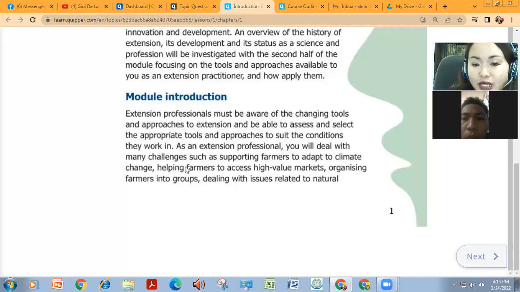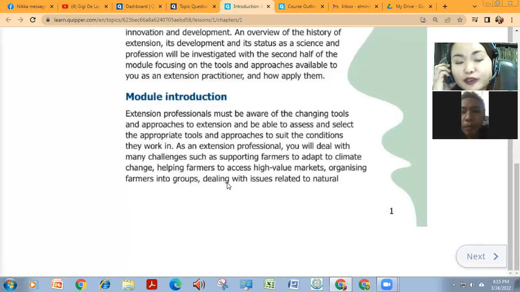Pero kung when you go to the real environment, to the field, sa farmers, helping them to access, for example, high value markets, i-organizing mo siya into groups, like ginabuhat ni Sir JP, no, if you can see some of my photos na nag-speaker ko, gi-invite ko sa Department of Agriculture to be the speaker sa mga, like sa coffee, for example, coffee production, post-harvest processing actually to.